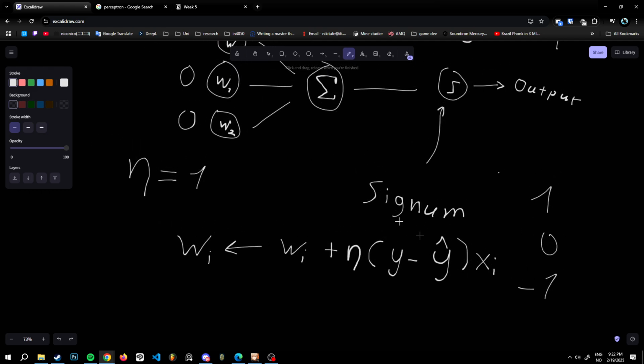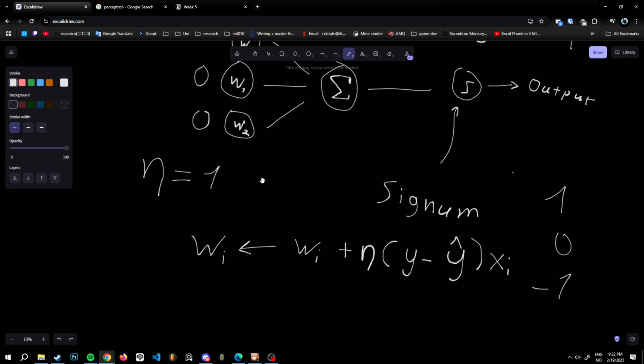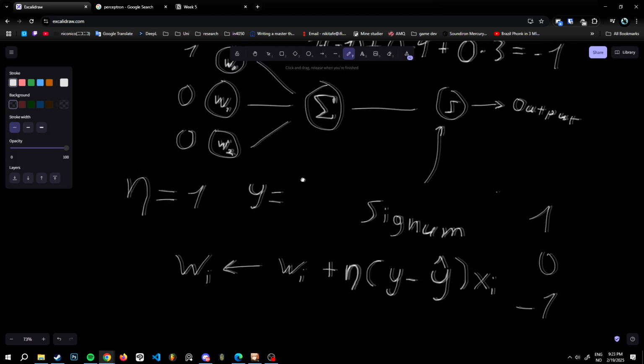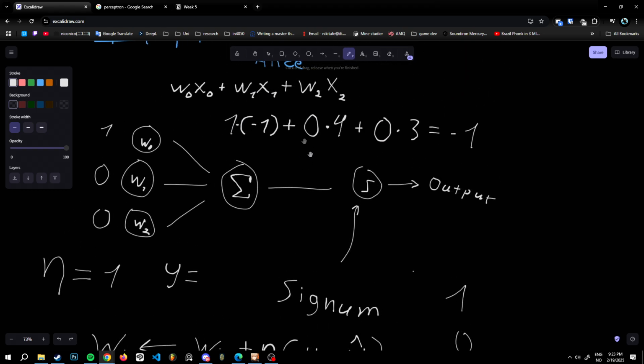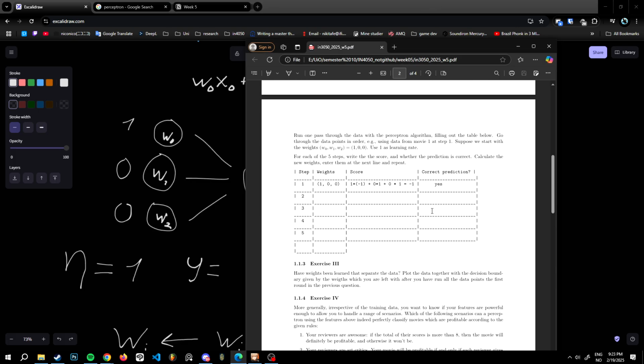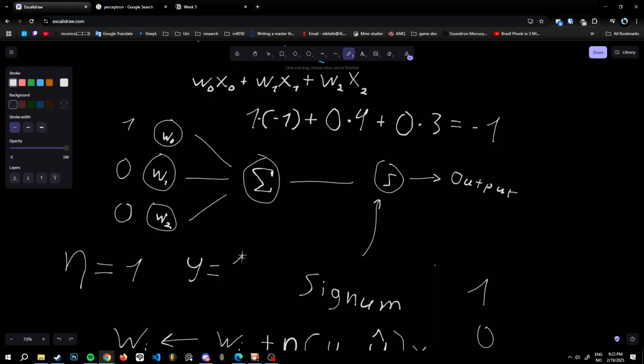And now, what do these y's mean? The first y is actually the true label. The true label means what is the correct prediction. In our case, we had -1, and it was incorrect. So the correct prediction would be 1, that's what we call the true label.